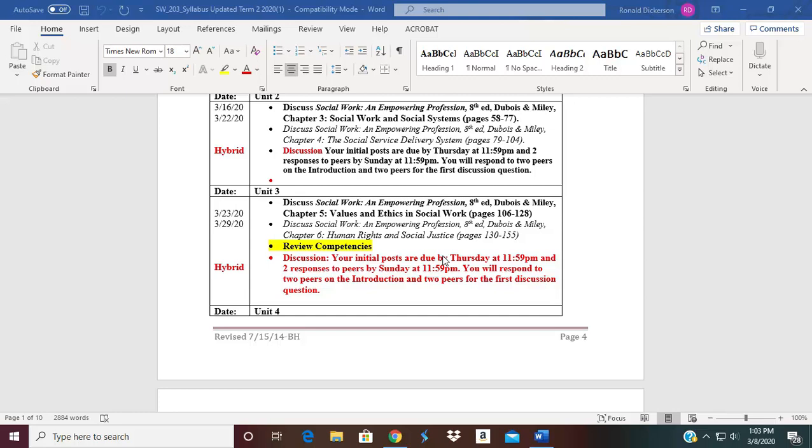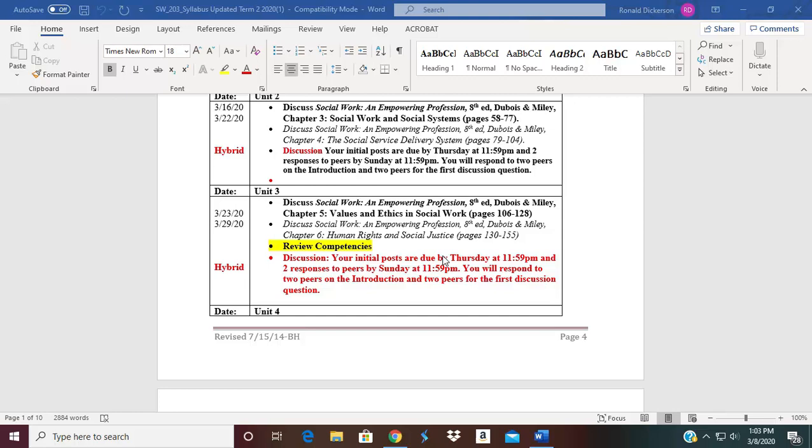Also, your competencies will tell you what competencies you're associated with per chapter, to include what it is saying you need to engage or learn within the competencies. And I'll show you where I have a list of your competencies when we get to Blackboard.